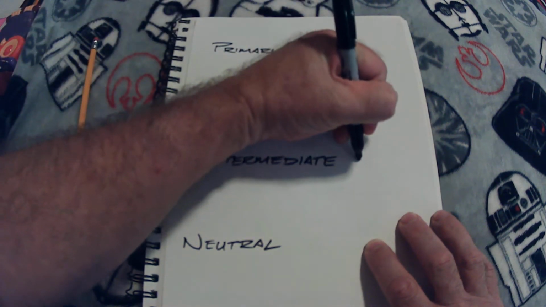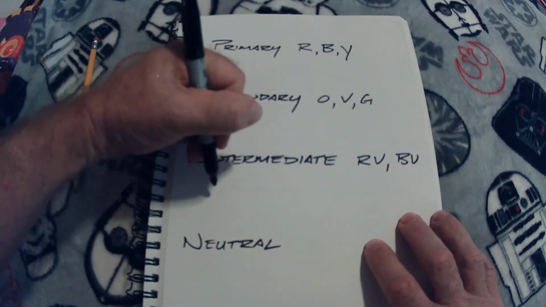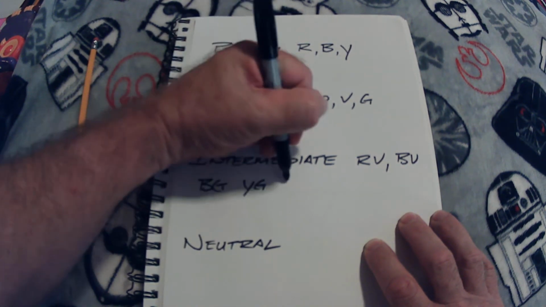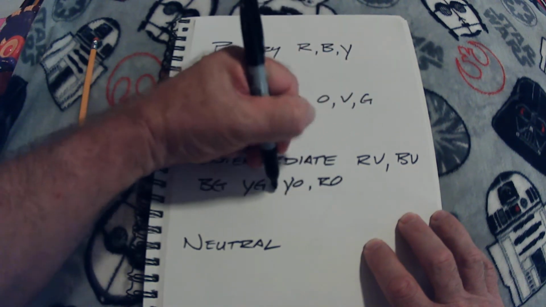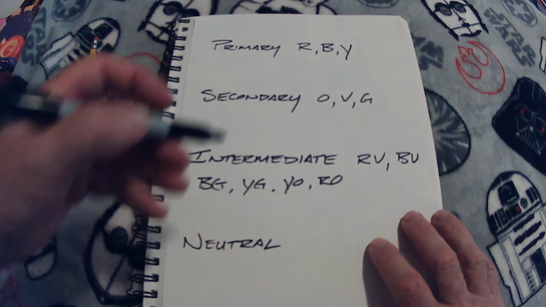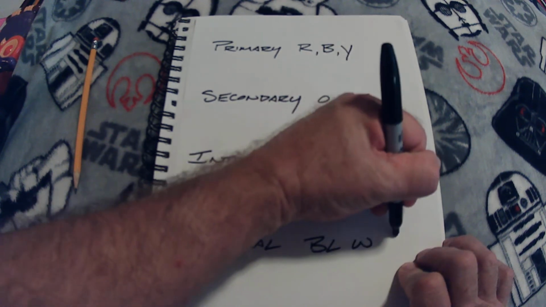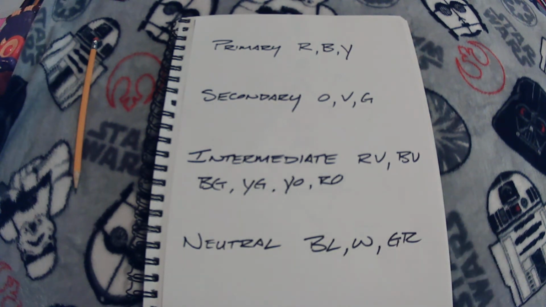Intermediate colors, red violet, blue violet, blue green, yellow green, yellow orange, and red orange. Okay? Those are mixtures of the primaries and the secondaries. And then your neutrals that are out in the middle, that's your black, your white, and your grays. Okay? So your primary, secondary, intermediate, and neutrals.